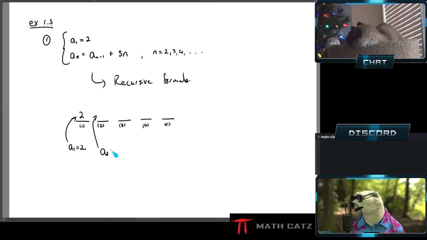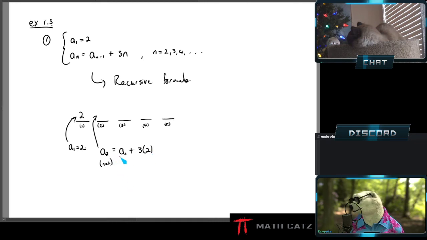So the name of that term is A2. For my purposes, right now, n is equal to 2. So that formula tells me in order to find A2, I need to look for A1, 1 position less, and I need to add 3 times the position value, which is currently 2.